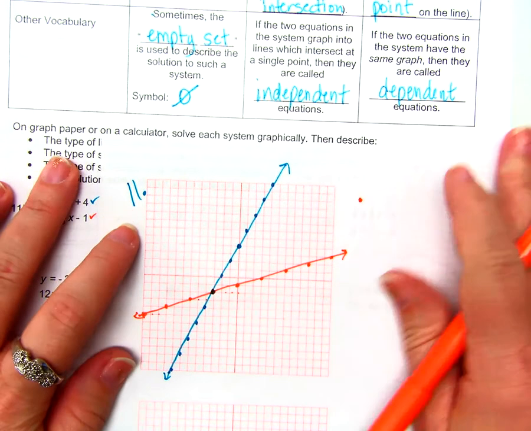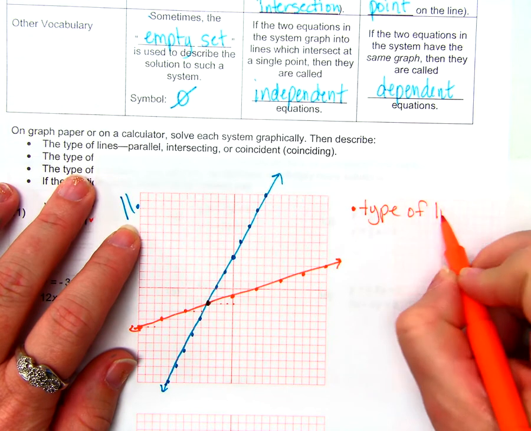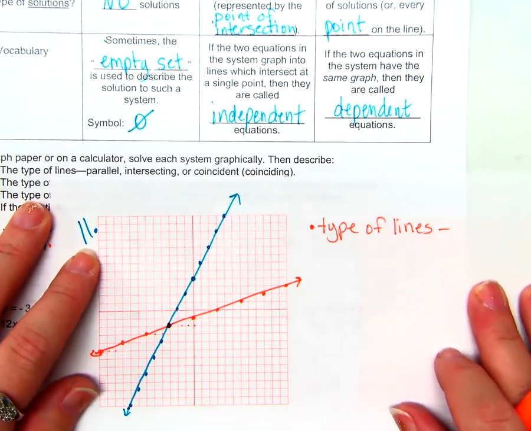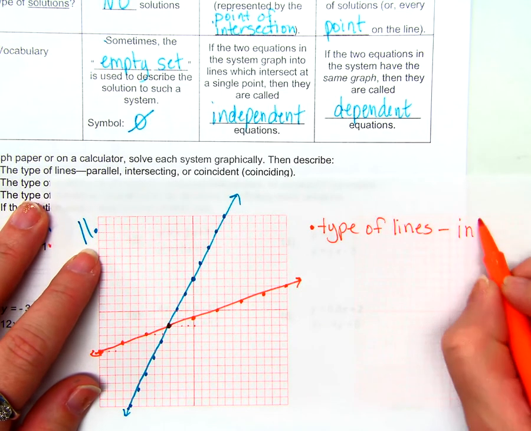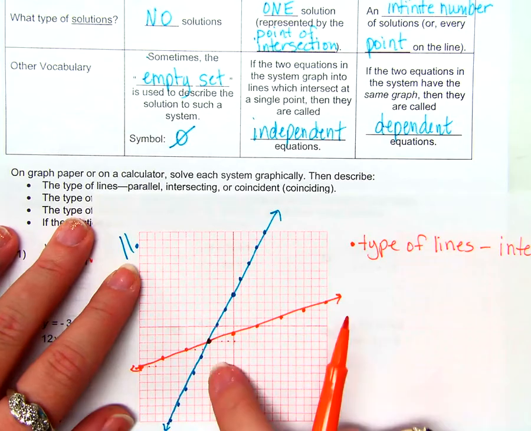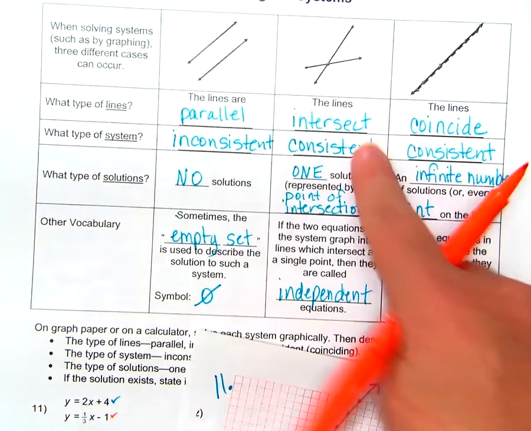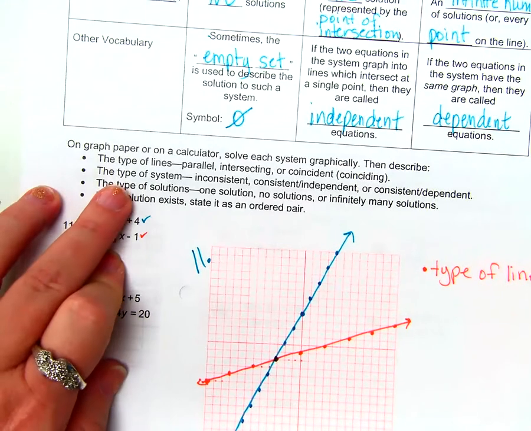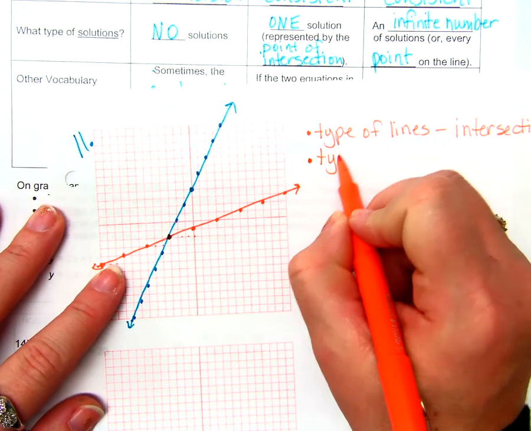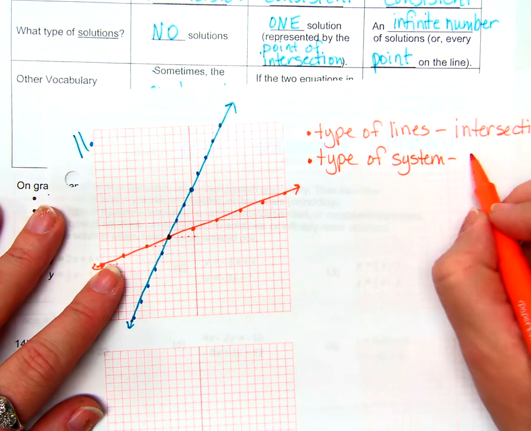First thing it wants is the type of lines. Okay? Who said that, by the way? Good. These are intersecting lines. Okay? It looks very similar to this one right here, and those type of lines were intersecting, weren't they? Okay? The next thing it wants is the type of system. And you say it's consistent?